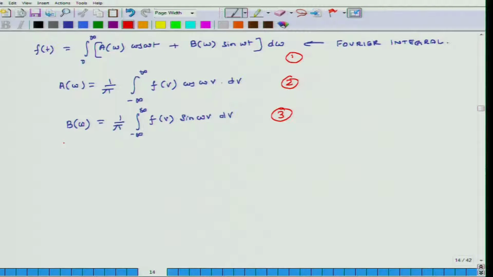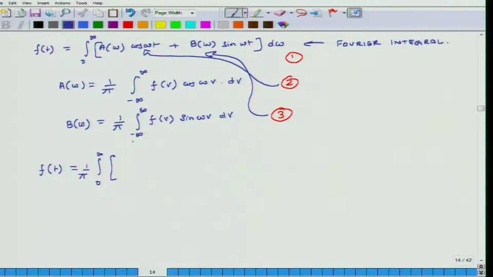So if I do my mathematics, and I put this equation in place of a(omega) and this equation in place of b(omega), then my f(t) equals 1 over pi, integral from 0 to infinity, and instead of a(omega) I am going to put this entire expression.